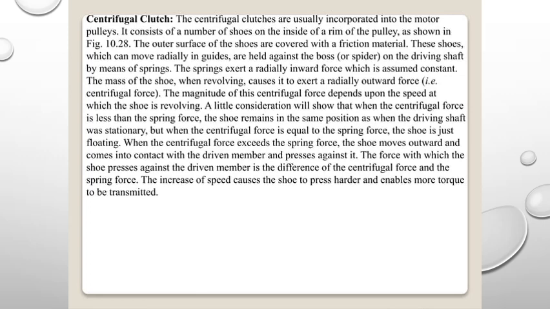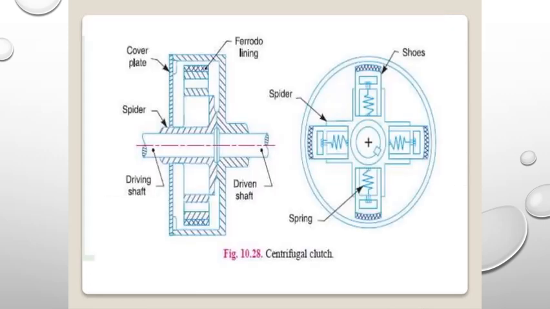The shoe is just floating when the centrifugal force equals the spring force. When the centrifugal force exceeds it, the shoe moves outward and comes in contact with the driven member, and the force pressing against the driven member is the difference between the centrifugal and spring forces, enabling more torque transfer. The centrifugal clutch figure is shown here.